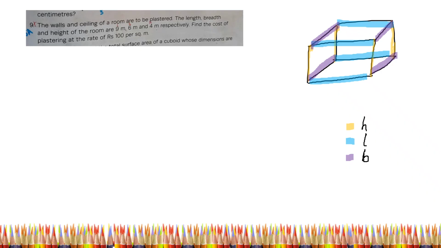Now let's find the surface area of each of these surfaces to find out the cost of plastering the room. So, area of the left wall, that is this one.